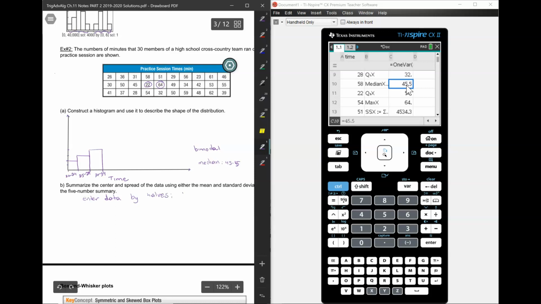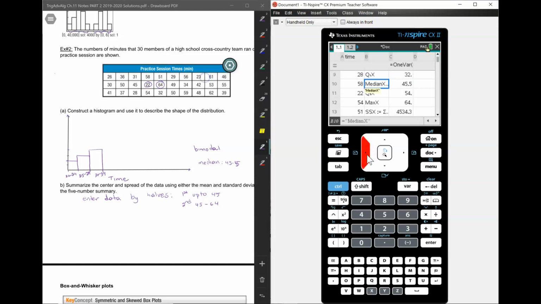Okay, so first up to 45, second 45 to 64. And then you're going to do 1 variable statistic. So you're going to get the information for the first cluster and then the information for the second cluster.